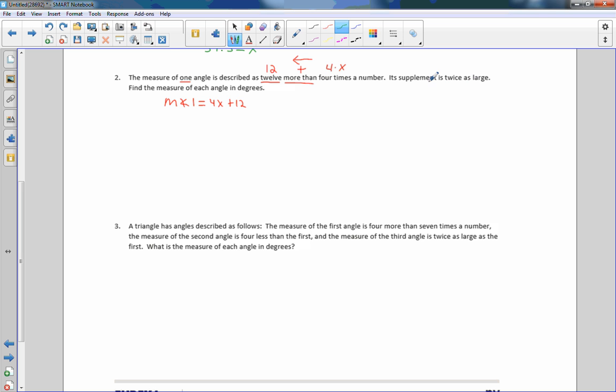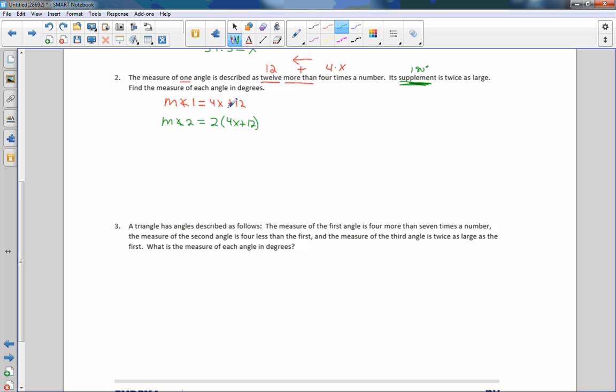It's supplement. Keyword here, supplement is when two angles add up to 180 degrees. Okay? Its supplement is twice as large. So I just take this and multiply it by 2. So the measure of angle 2 equals 2 times 4x plus 12.